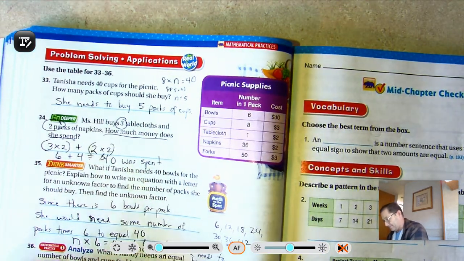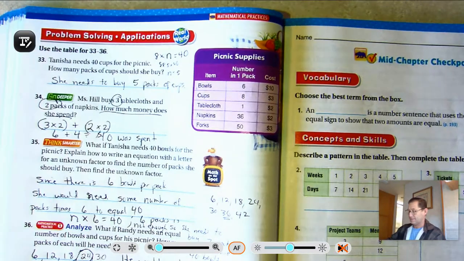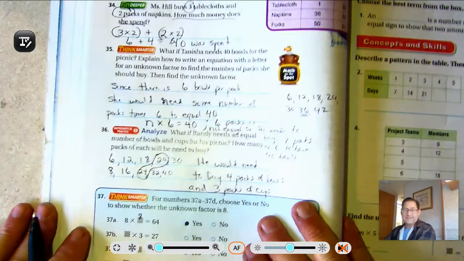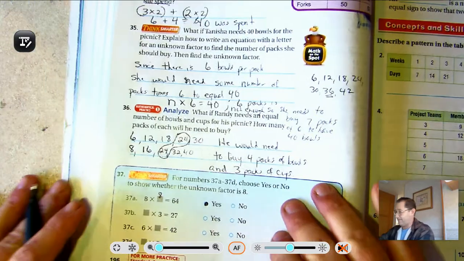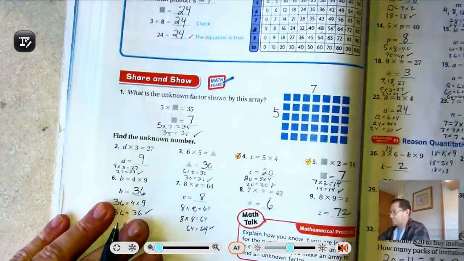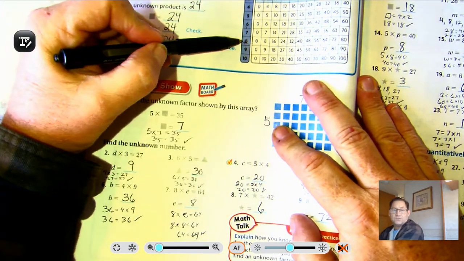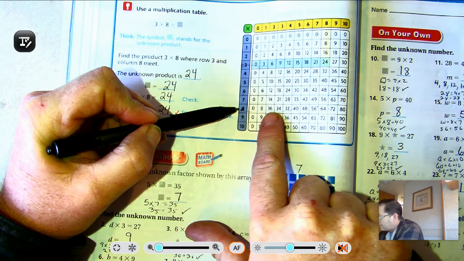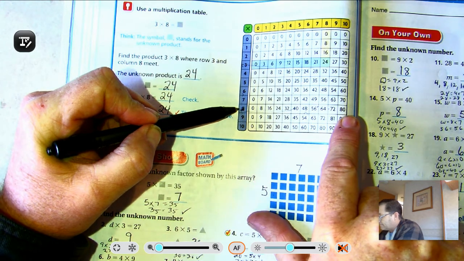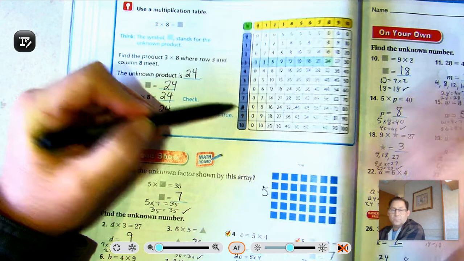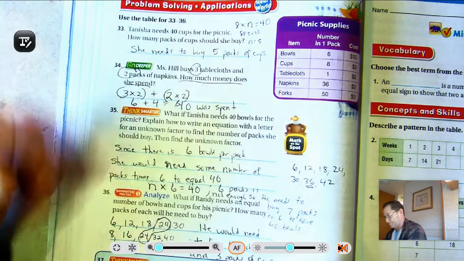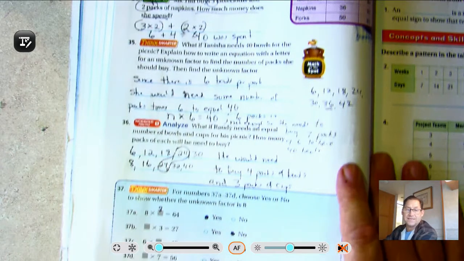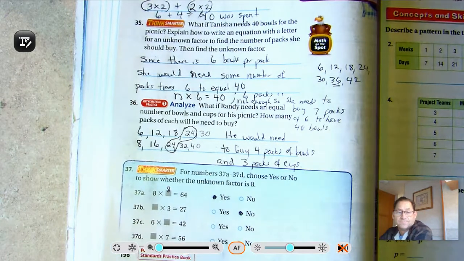So yes. Is 8 times 3 27? Well, let's look in the row of 8, and as I go across, I don't see 27. So no. 8 times 3 is not 27. 8 times 3 is 24.